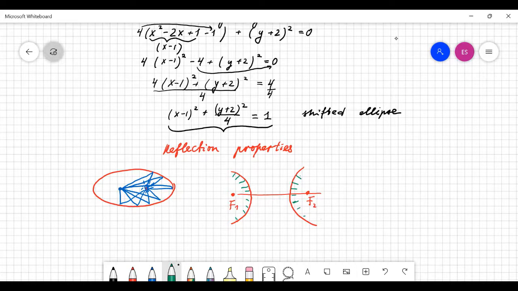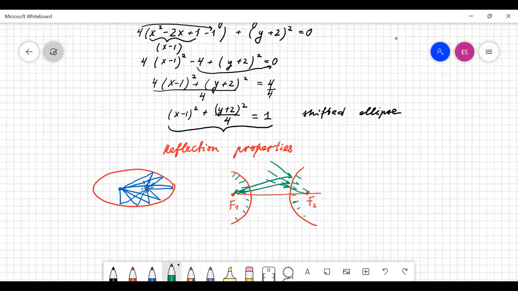Then if you have a light which is supposed to come to one of the focal points, like this one, then this light is going to be reflected from this mirror into the second focal point. And if you don't actually have a second mirror here, it's going to just concentrate in the focal point.